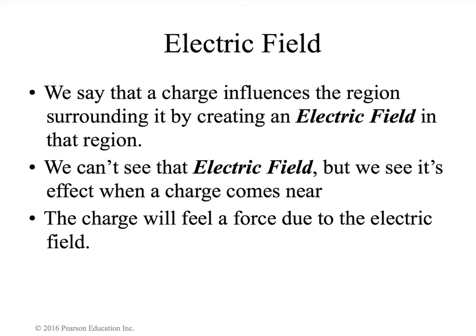When you place a charge in space, that charge will influence the region around it and create an electric field in that region. We can't see that electric field. We can draw lines to illustrate it for ourselves, but we see its effect when another charge enters into it, because that charge will feel a force.